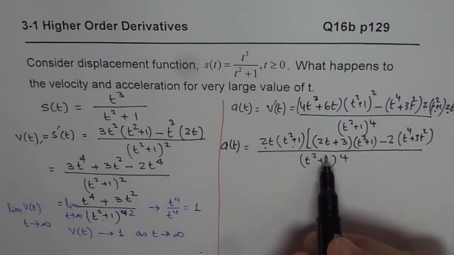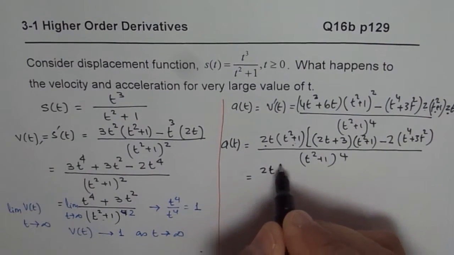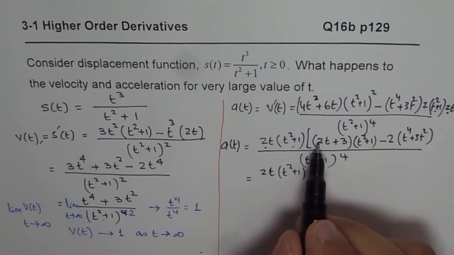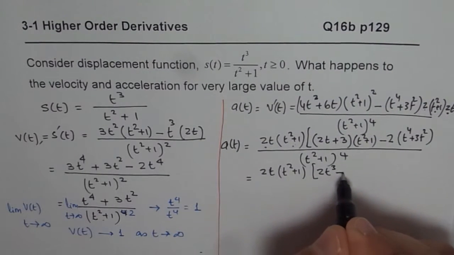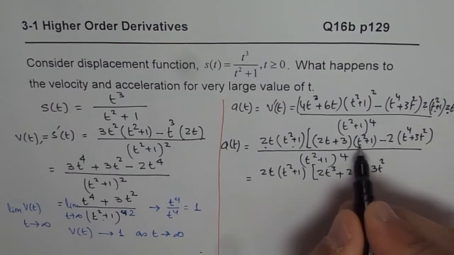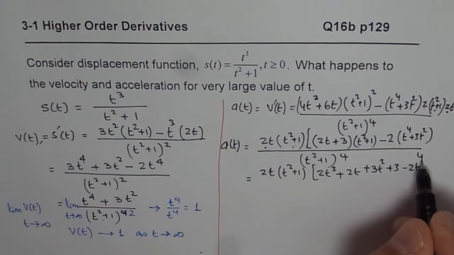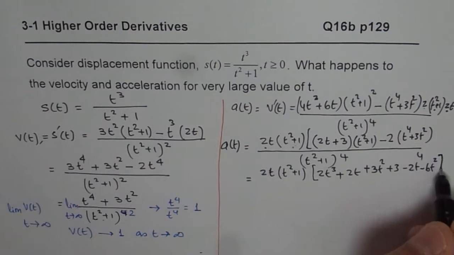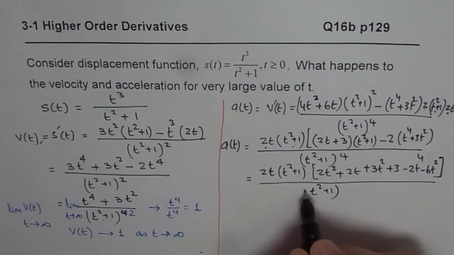Now, in this particular function, let me do one more step. Here, if we expand, we get 2t times t squared plus 1, which is 2t cubed plus 2t, 3 times t squared plus 1 is 3t squared plus 3, and minus 2t to the power of 4, minus 6t squared, divided by t squared plus 1 to the power of 4.